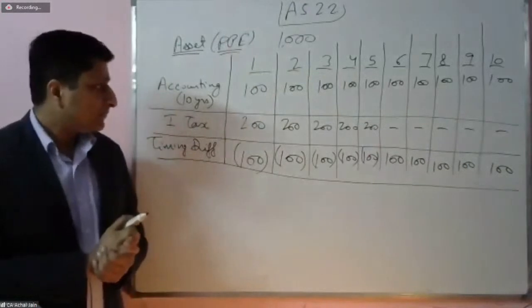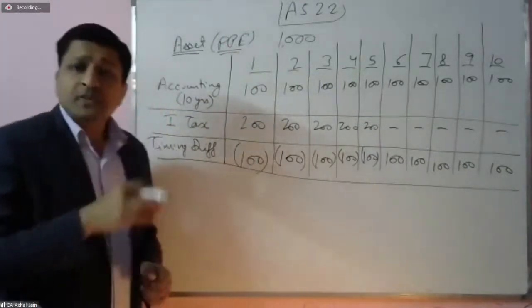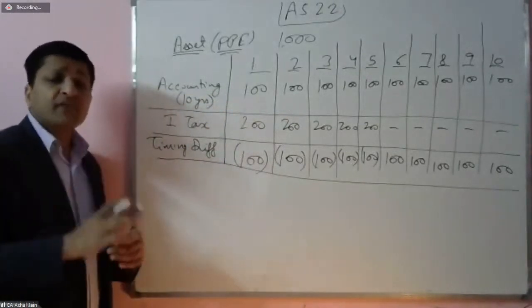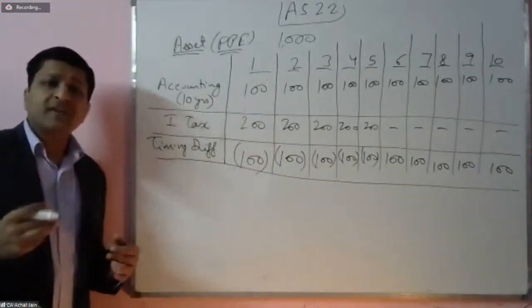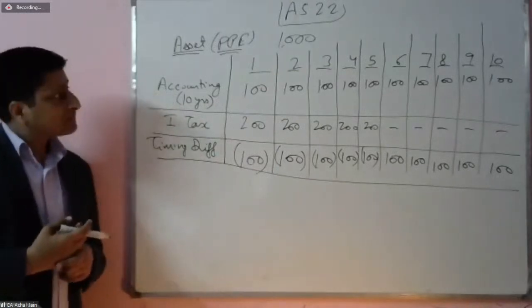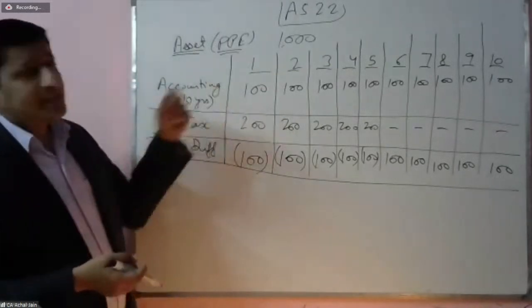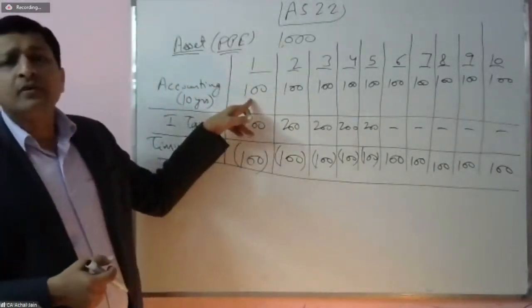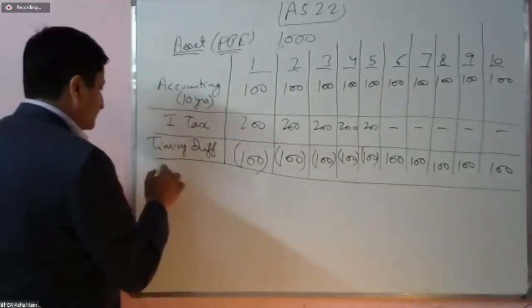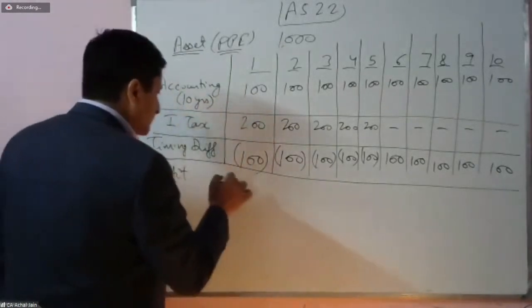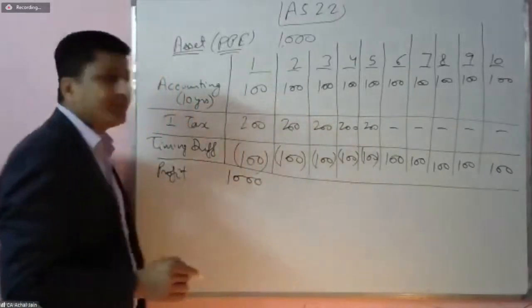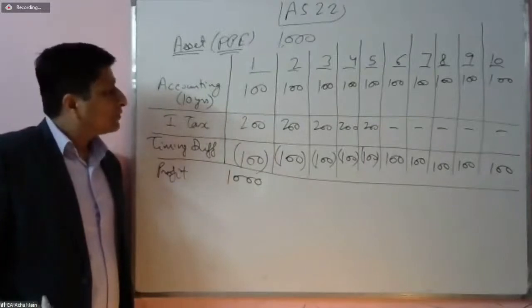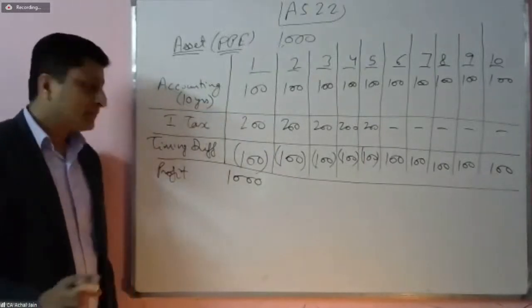Now let's come to the problem that we are going to face. Because we are following the accrual concept, there is a problem that we are going to face. Let's suppose in the first year, as per books of accounts, there is a profit of 1000. Now, what will happen?